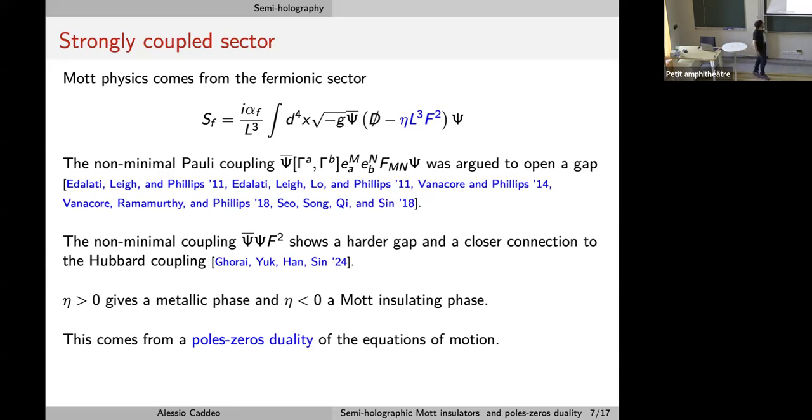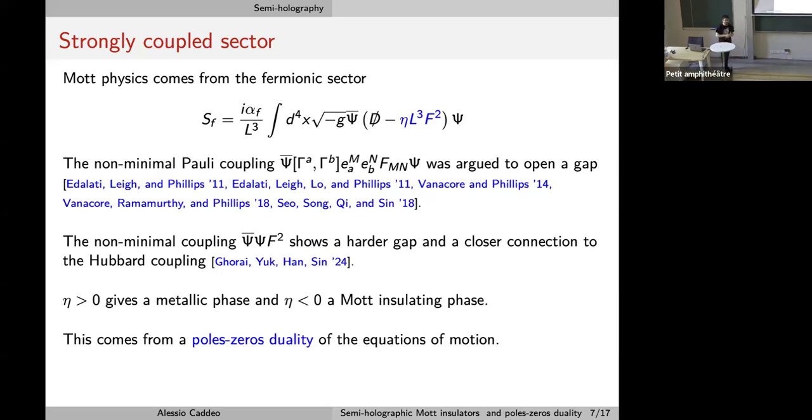In these works, another non-minimal coupling was used, in particular the Pauli coupling, the dipole-like coupling. It was argued that since one has spectral weight transfer, there should be the opening of a gap. Then this approach was somewhat criticized in the literature, since it was thought that this was not a true gap.